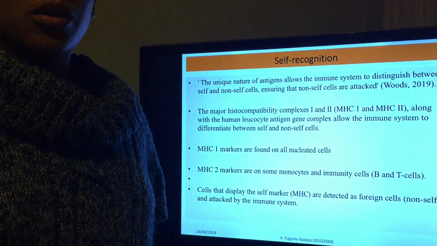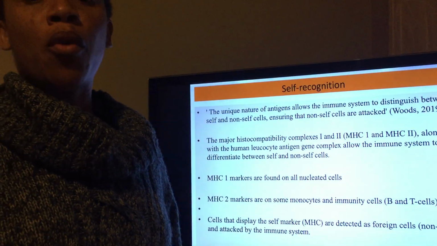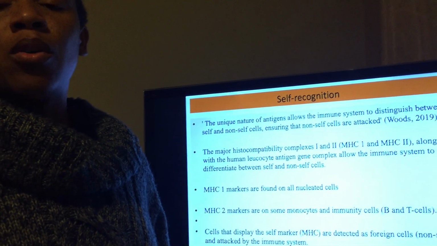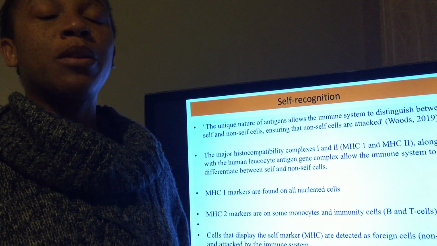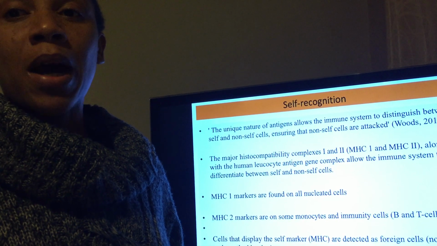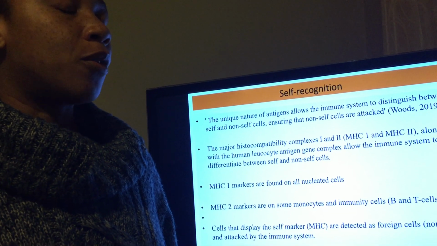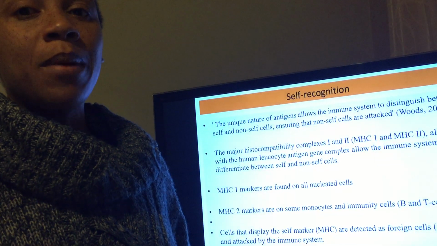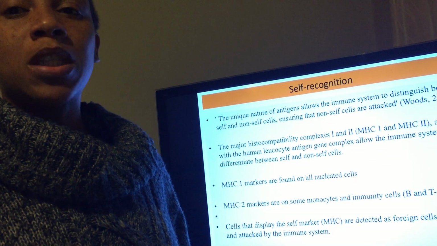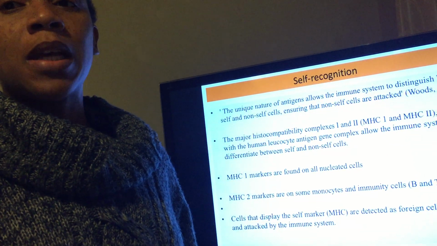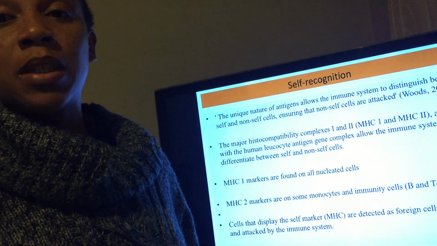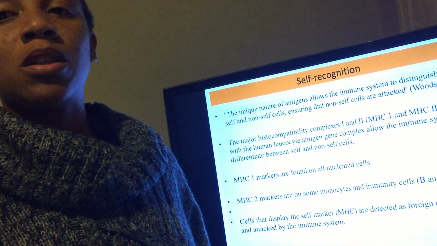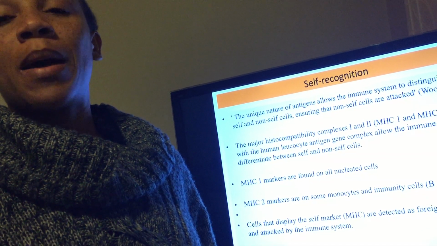MHC class 1 molecules are found on the surface of all nucleated cells as an early warning system to immunity. They display fragments from foreign cells to allow them to be identified as foreign by T cells. MHC class 2 molecules also display fragments from foreign cells and are only present on specific types of cells of the immune system and tend to focus on extracellular pathogens such as bacteria.